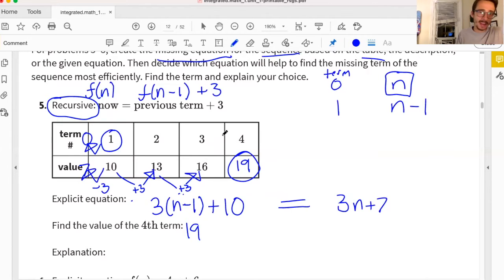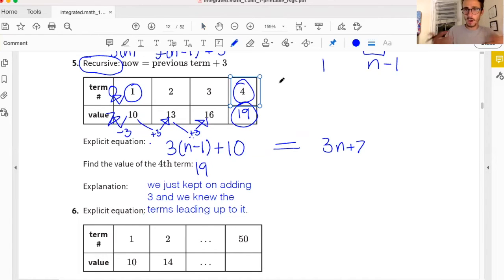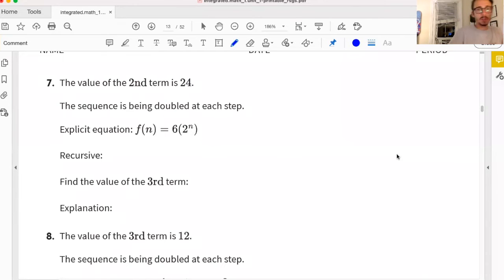Well, we just keep adding 3. We know the previous terms leading up to it, so we just keep adding 3. We were looking for the fourth term and we knew the prerequisite term, so it's easier to just say, all right, just add 3 to that. No problem, no biggie.